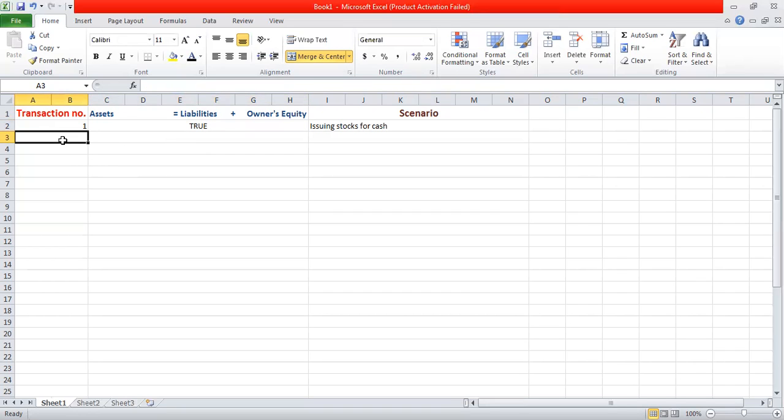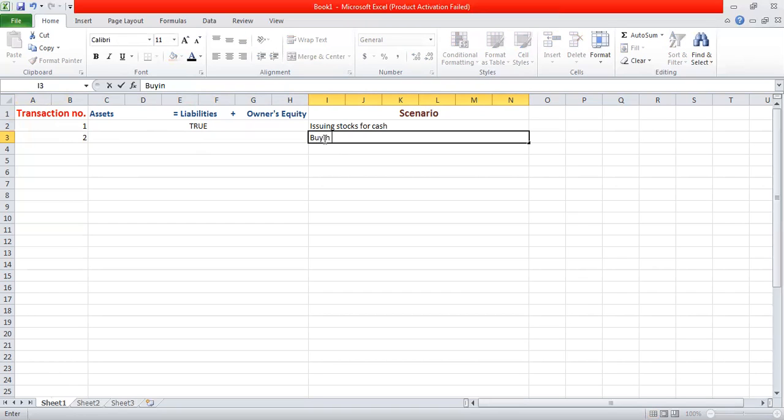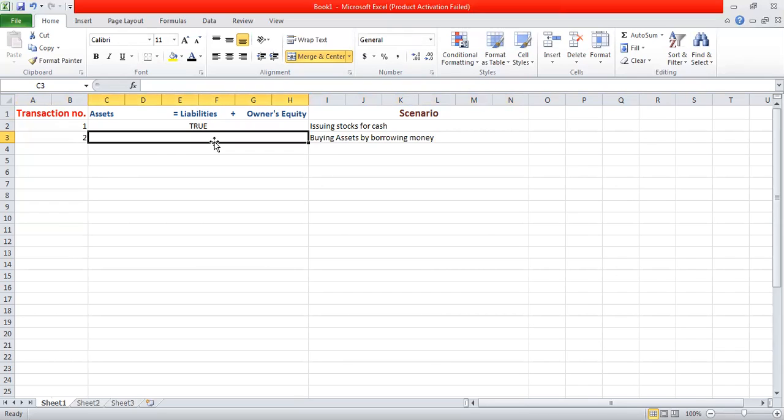Transaction number two. The scenario is buying assets by borrowing money for rupees 10,000. So there is an increase in the assets by rupees 10,000.